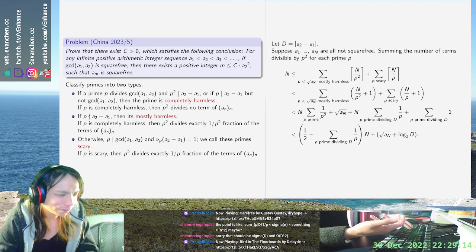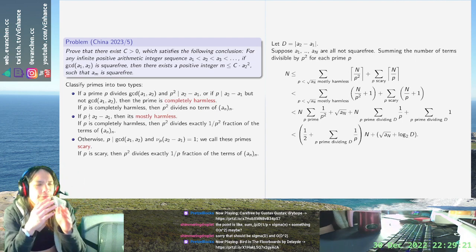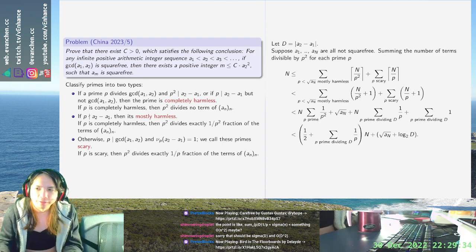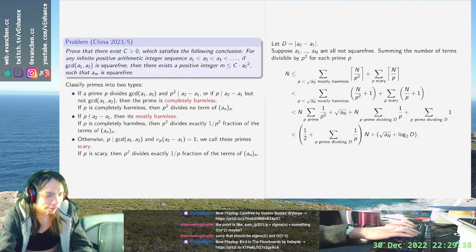Is that a thing I can do? Okay, so you have mostly harmless primes that contribute up to half n-ish of problems, and then it's not quite a ceiling. It's like I can have at worst a cycle-ish.